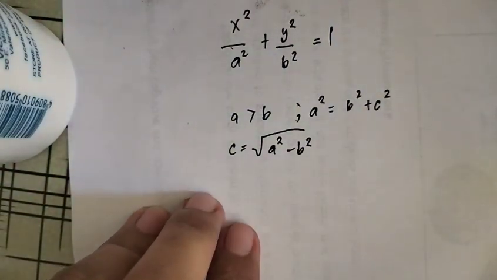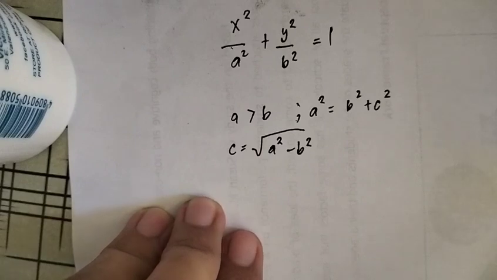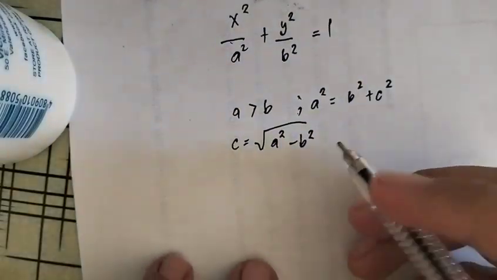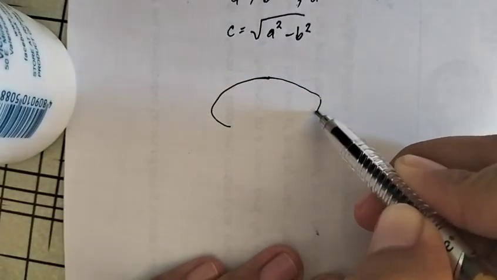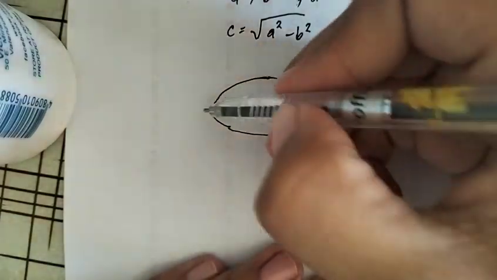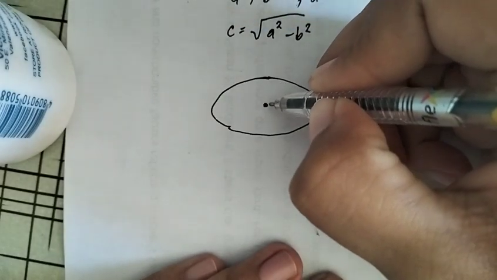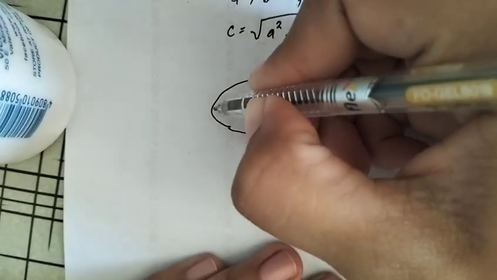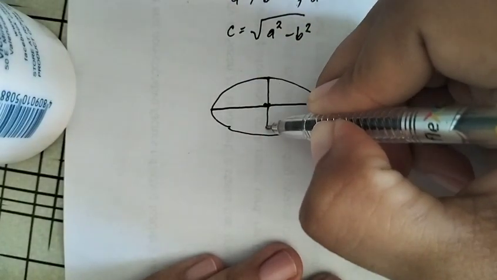So, your a is the distance from the center. If you have a horizontal ellipse, this is the center, this is the major axis, and the minor axis.